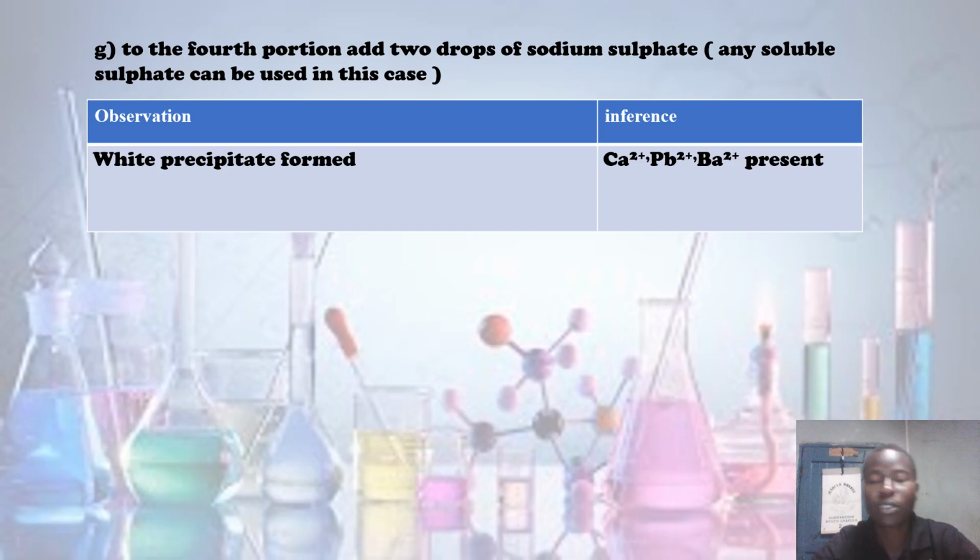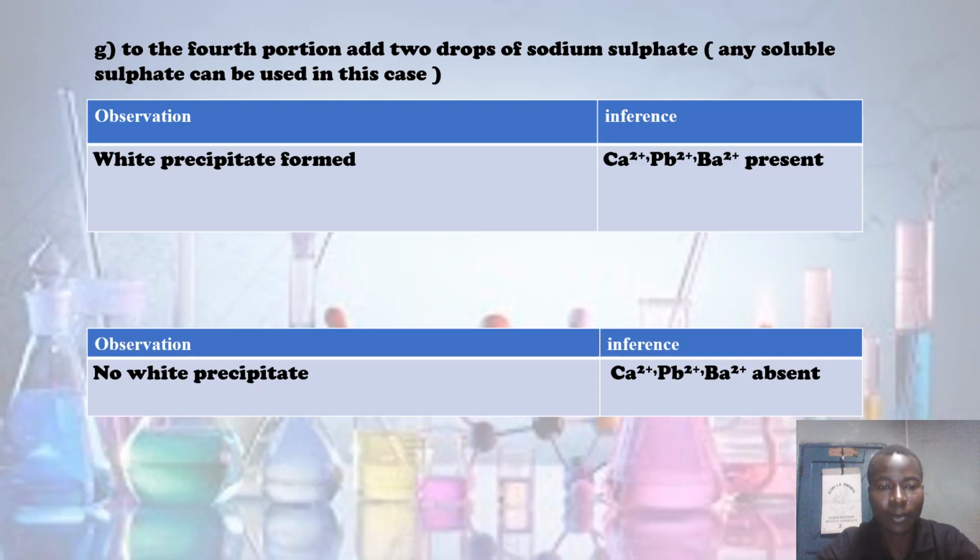If you see a white precipitate, it means calcium, lead, and barium ions are present, because remember, it is only calcium, lead, and barium sulfates which are insoluble, so they are the only ones which are going to form the white precipitate when you add in any soluble sulfate, and that is where the acronym CALEB comes in.